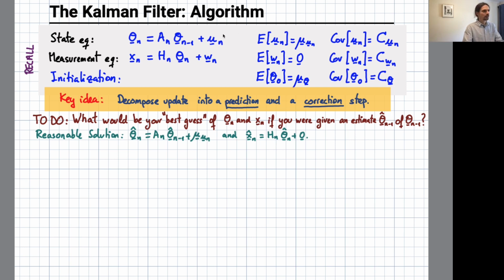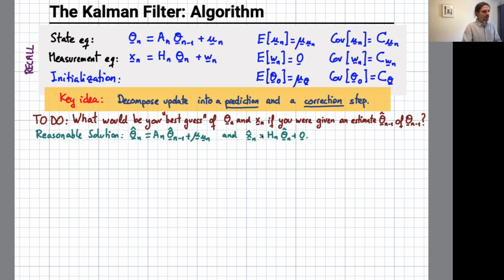But if we have an estimate for theta n minus 1, then we can plug it here to obtain a guess of theta n. Let's call it a guess because we are doing it informally. This is like the example of the bananas.